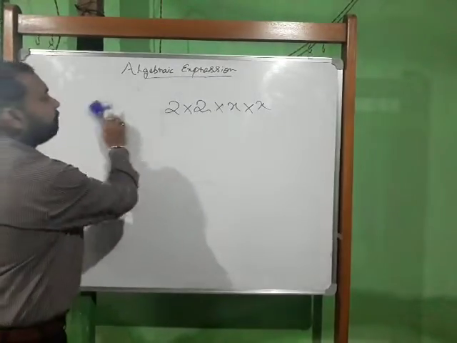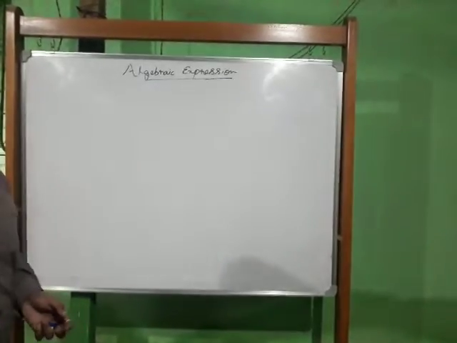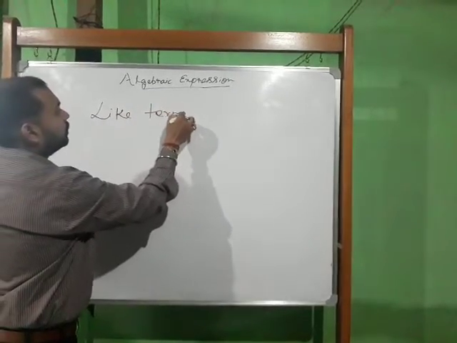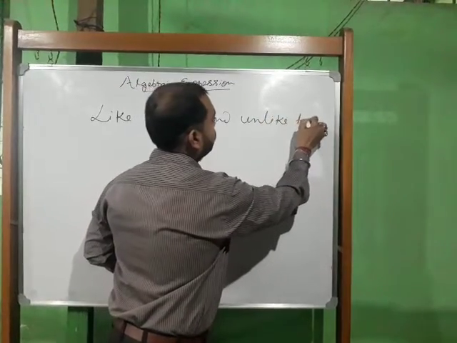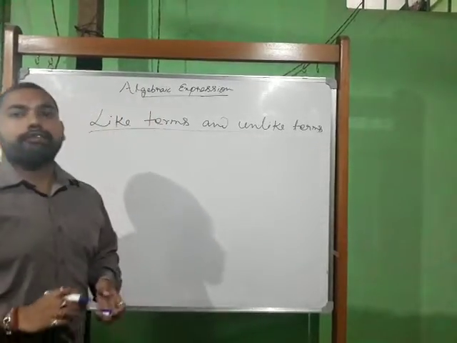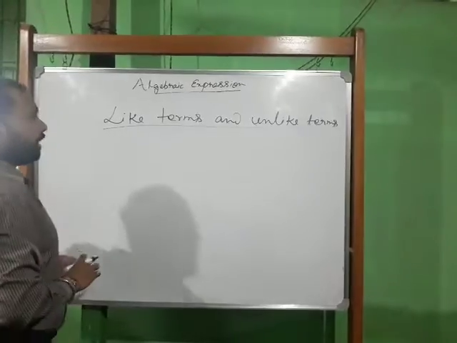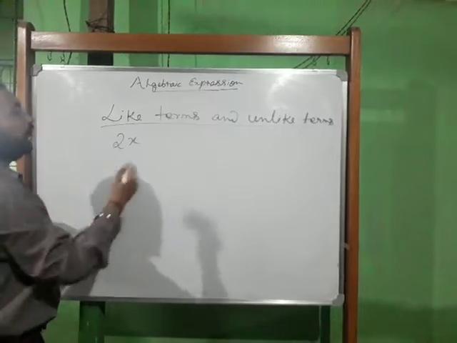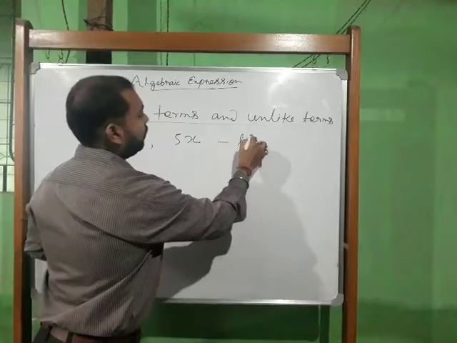Now let me talk about like terms and unlike terms. This is very important for your class, because when we do addition and subtraction, these two things will be important. For example, if I write 2x, and another 5x, these will become like terms.